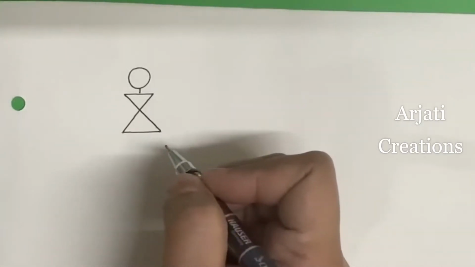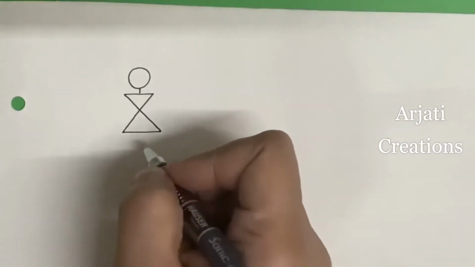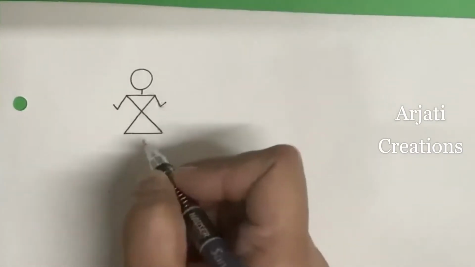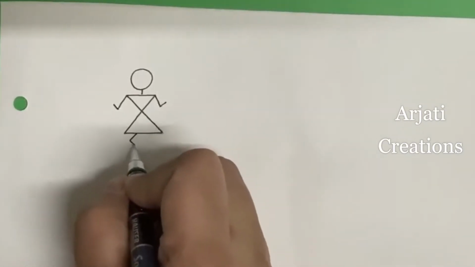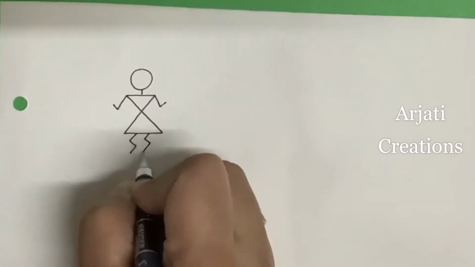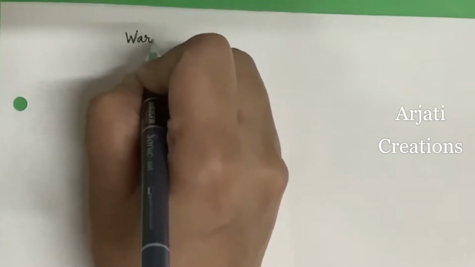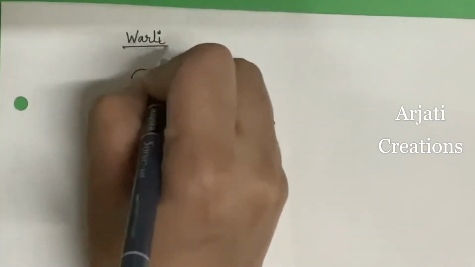This is the body, which has an upper triangle and a lower triangle. So this is how we make a Warli man figure.